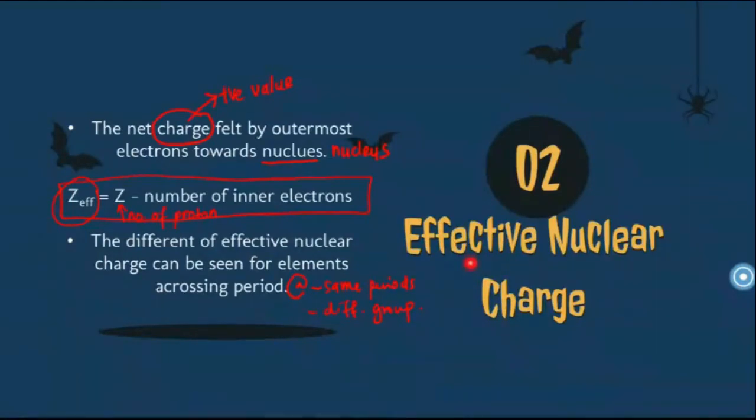The value of Z here indicates how strong the attraction is between the nucleus and the outermost electron.